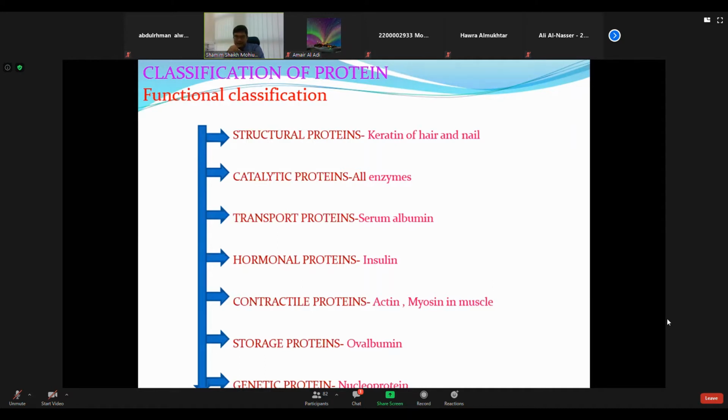Transport proteins. What is the meaning of transport protein? It makes the transport, like in the cell membrane. Now, an example here is albumin. Albumin is actually present inside your blood.